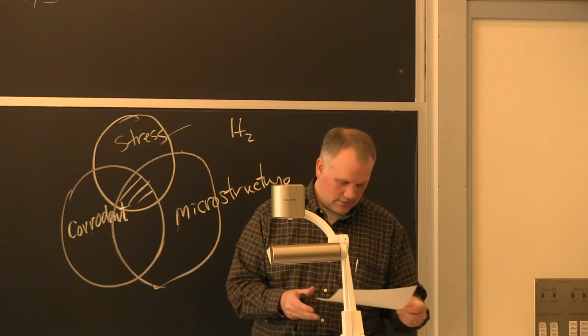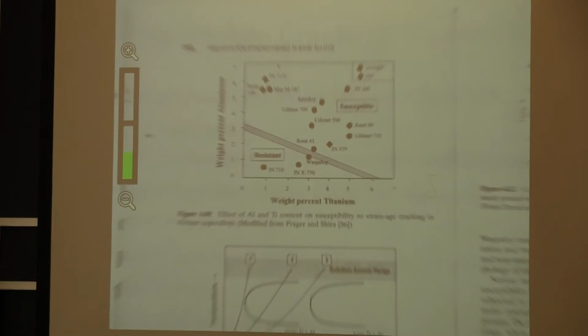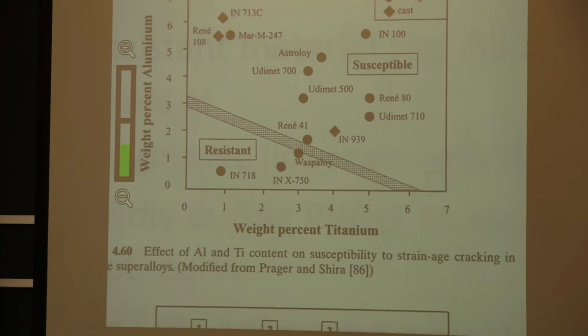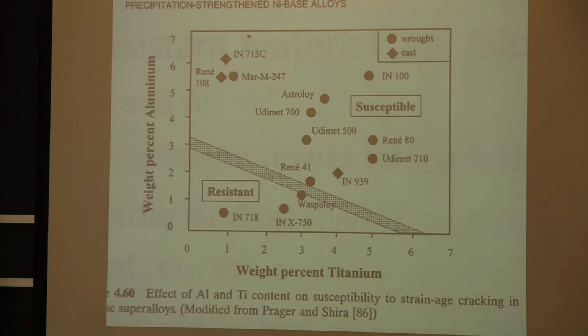There's been research that has shown that by lowering titanium and aluminum in these alloys, you can form alloys that are resistant to strain age cracking. And so alloy 718 falls down here.